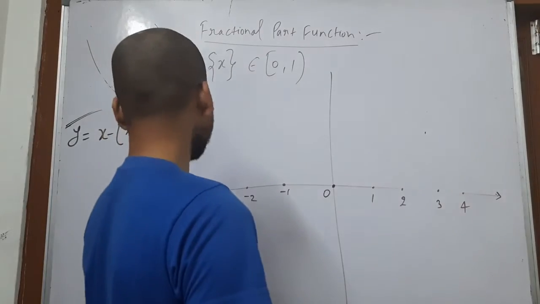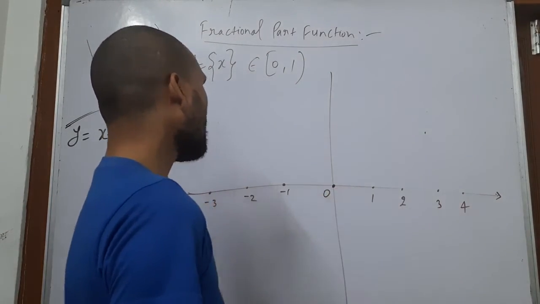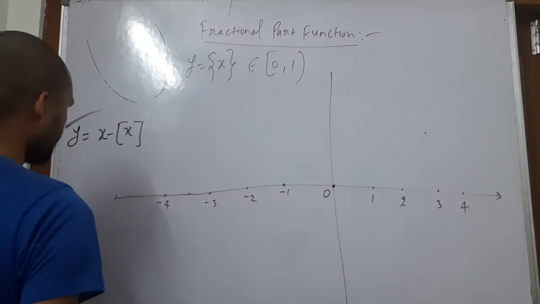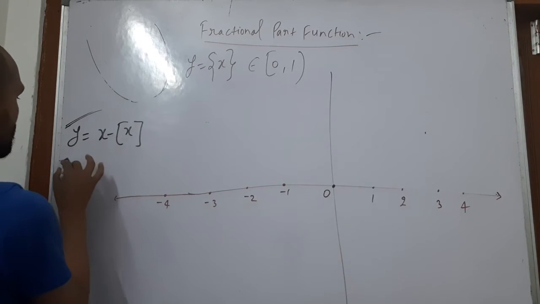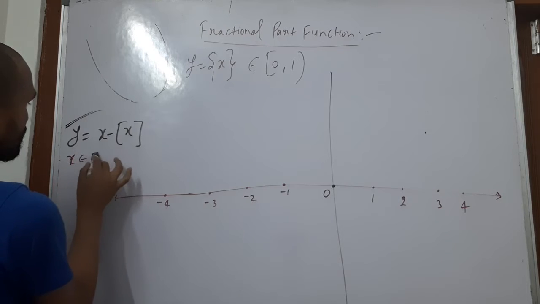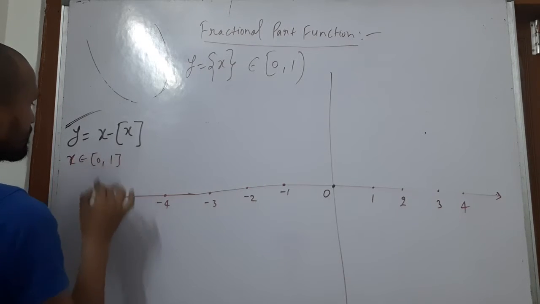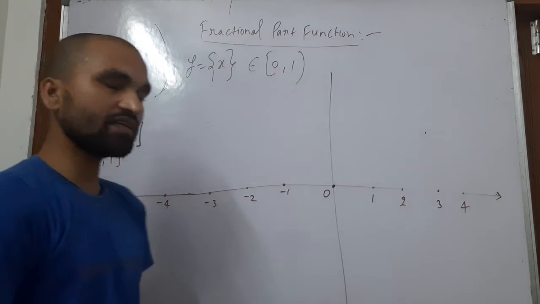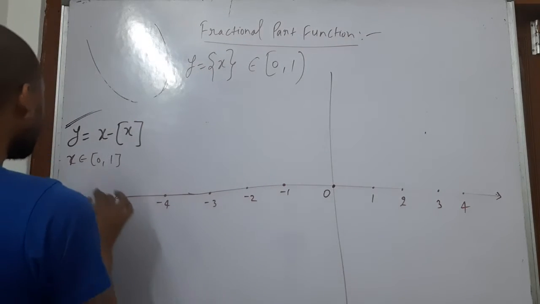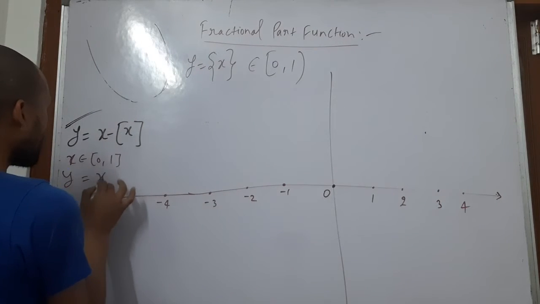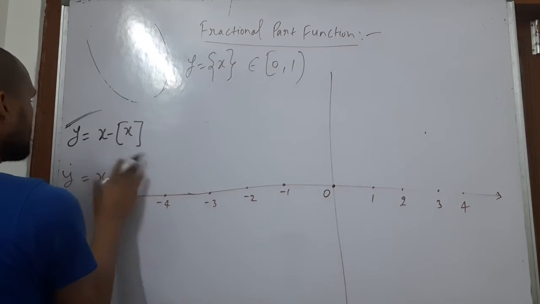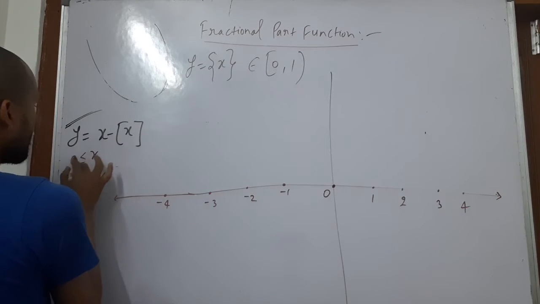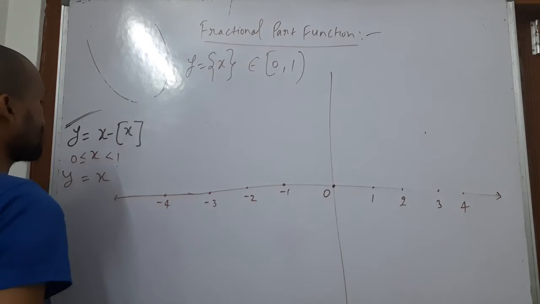Okay. If our x belongs to closed 0 to 1, then greatest integer will be 0, so y will be x. What is y? x. And here we can say that x is greater or equal to 0 and less than 1.